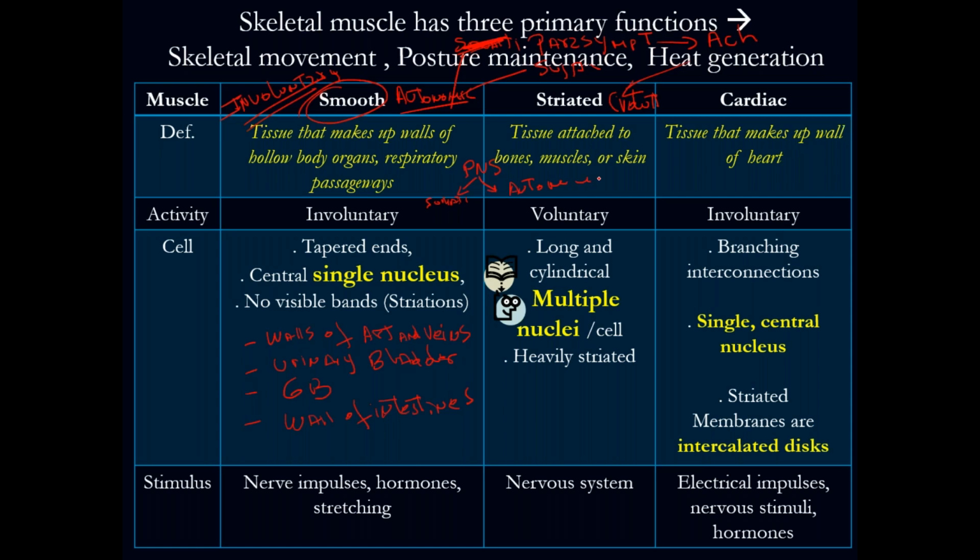The autonomic nervous system releases acetylcholine, and the somatic also releases acetylcholine. So this acetylcholine is the one that is going to activate the smooth muscle, the striate muscle, and interact with the cardiac muscle.